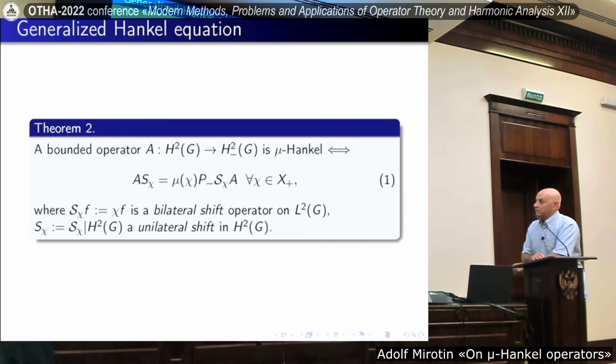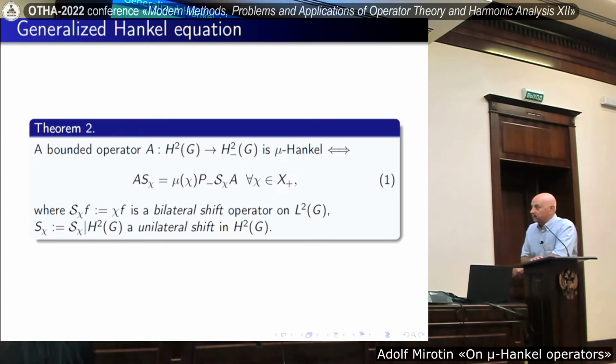And the important fact is that we can describe mu-Hankel operators as operators that satisfy the following operator equation 1. In this equation, A is a bounded operator between H2 and H2 minus.